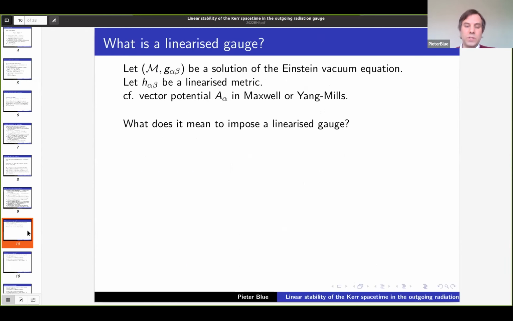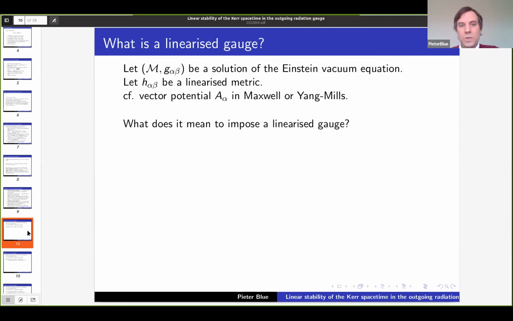And so now I want to speak a little bit about what is a linearized gauge. So I'm going to assume we have a solution to the Einstein equation. I'm going to assume that there's a linearized metric H. And in discussing this, I find it helpful to do a comparison with the Maxwell equation, which is a linear geometric equation that we usually have more intuition about.